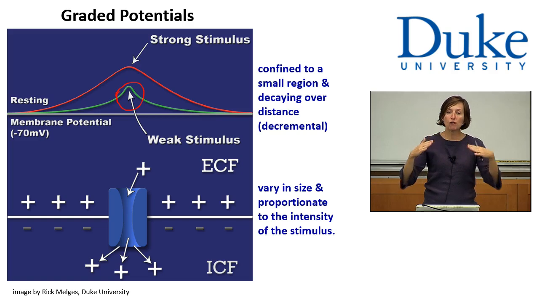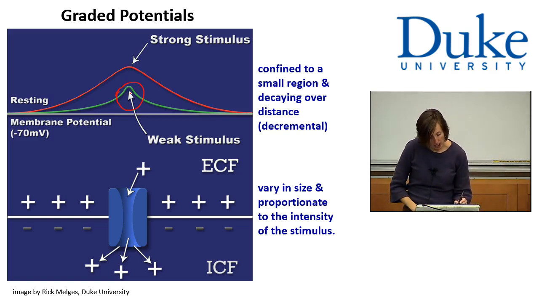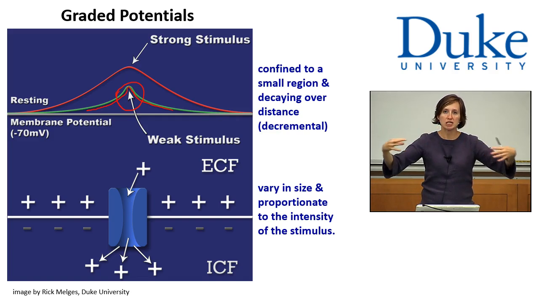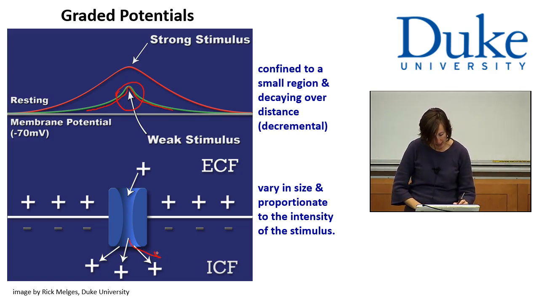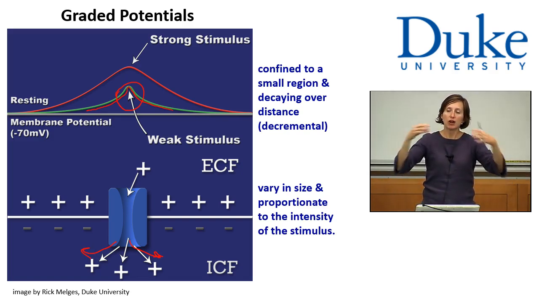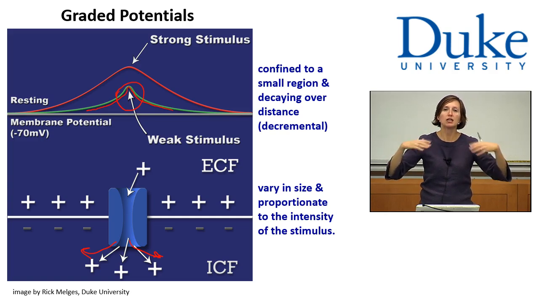And then as you go farther out from that spot in the membrane, the change in the membrane potential is going to be less and less. The ligand, the neurotransmitter, is diffusing, and so its concentration is less, so it's going to be less likely to open sodium channels. And we have sodium rushing in at this spot; those ions are going to diffuse, and so their effect on increasing the membrane potential is going to decrease as you go farther and farther from that site.